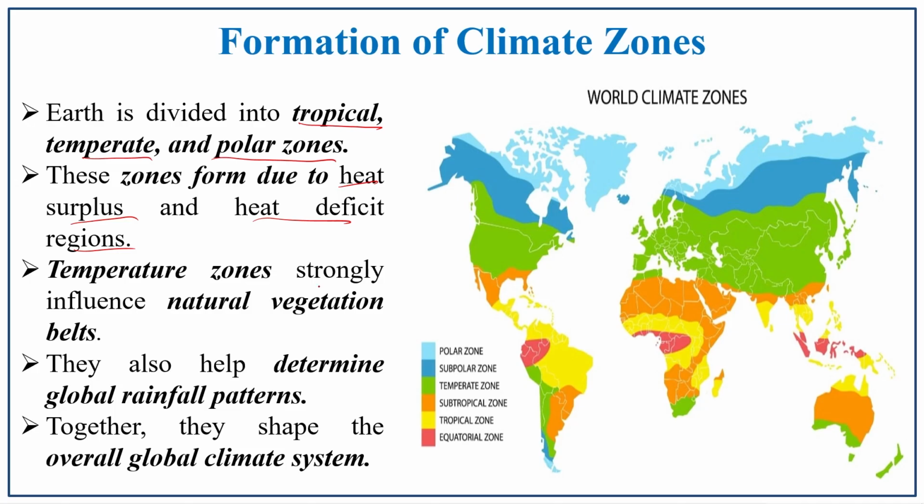The temperate zones strongly influence the natural vegetation because of their mild climate. They also determine the global rainfall pattern. Because of the feasible conditions, vegetation also grows in the temperate region. Together they shape the overall global climatic system, and all these combine to form the global climatic zones.